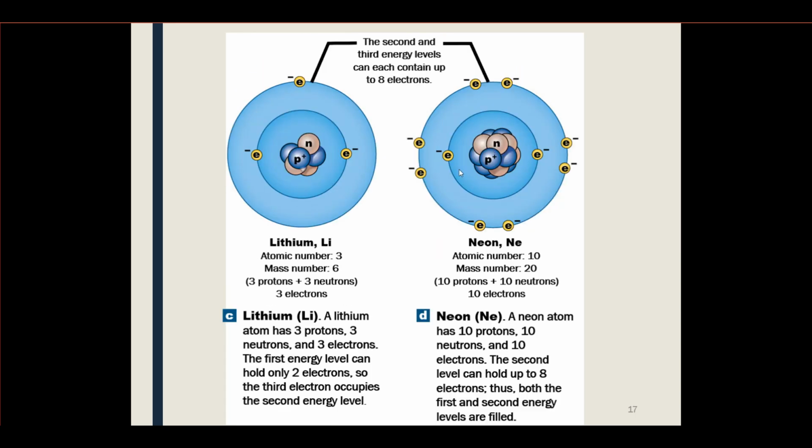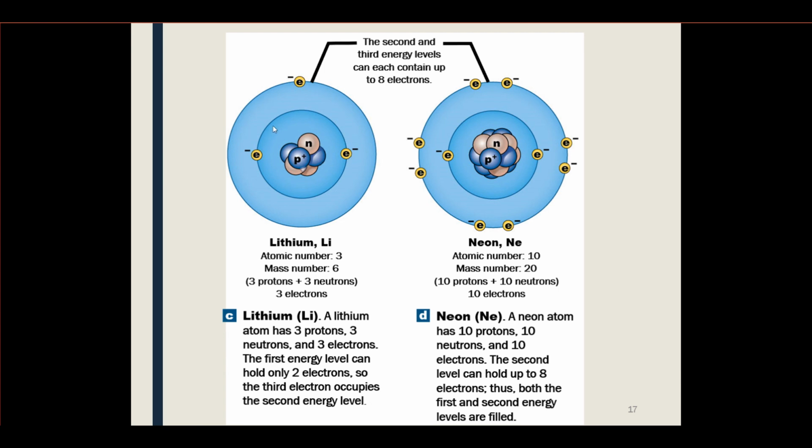Just to go a little bit further, lithium, if you take a look on your periodic table, has the atomic number 3. So what does that tell us? It has 3 protons, 1, 2, 3. It also tells us it has 3 electrons. Remember we said protons equal the electrons? 1, 2.